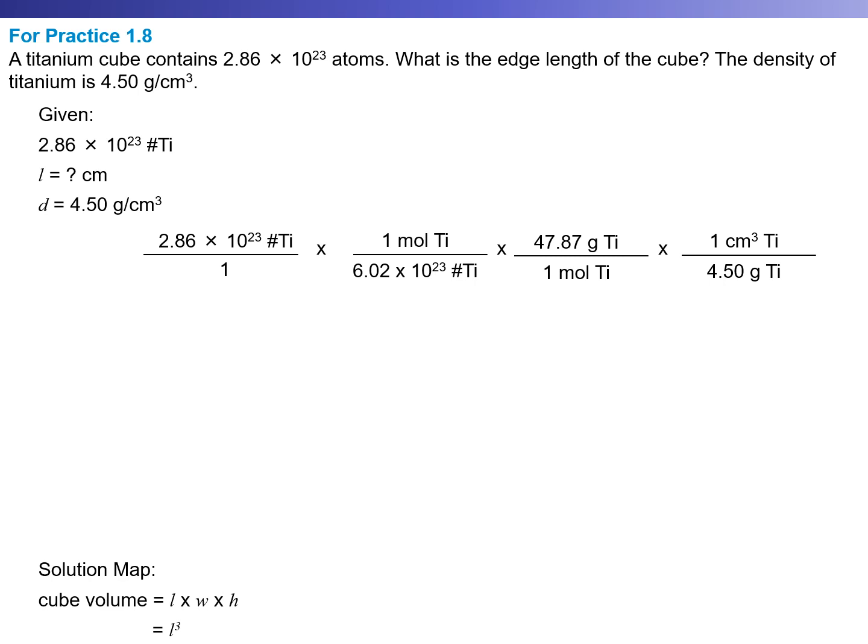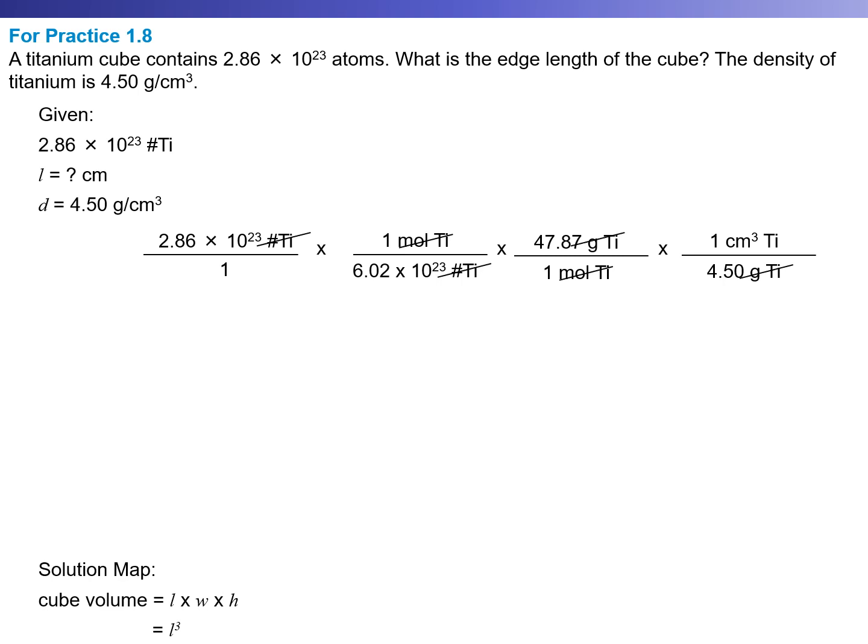So if I look at my first and my second numbers here, I can see that I have number of titanium atoms on the bottom here and on the top there, so that's good. If I compare my second and third values, I can see that I have moles of titanium on the bottom and the top, so those cancel out. And if I look at what I've got in my third and my fourth values, I've got grams of titanium on the bottom and grams of titanium on the top.